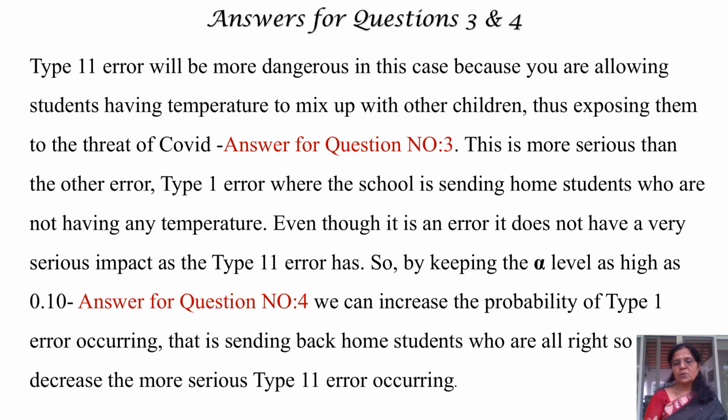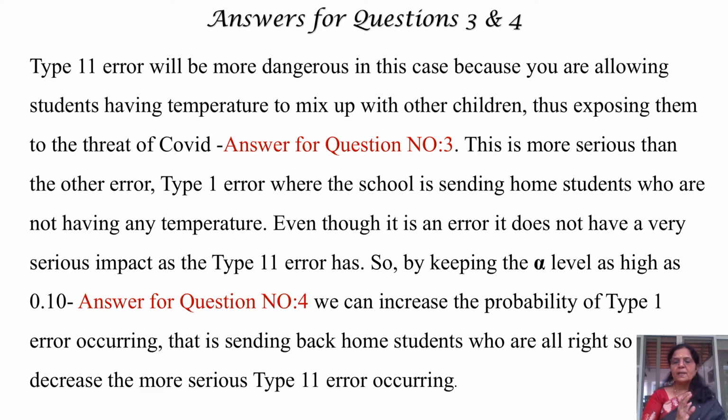What is type 1 error? You are going to send back students who are all right. That is okay. But the probability of type 2 error will be lessened, because if type 1 error increases, type 2 error will decrease. So what we want here is the type 2 error to be decreased, because type 2 error is more dangerous.